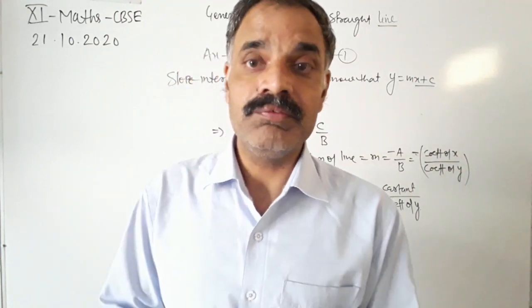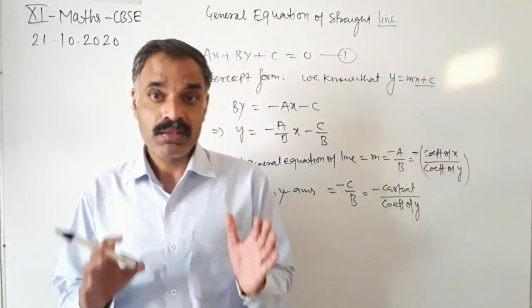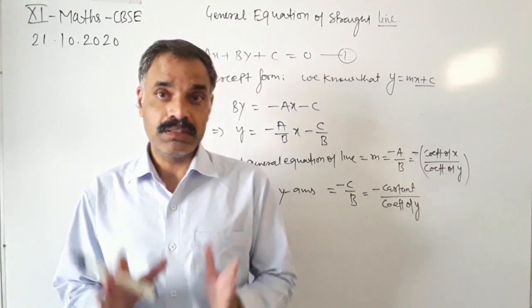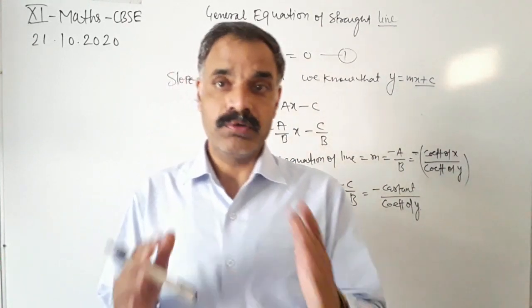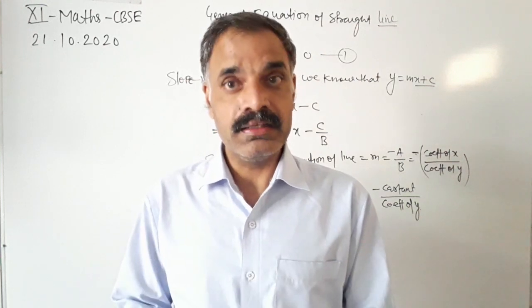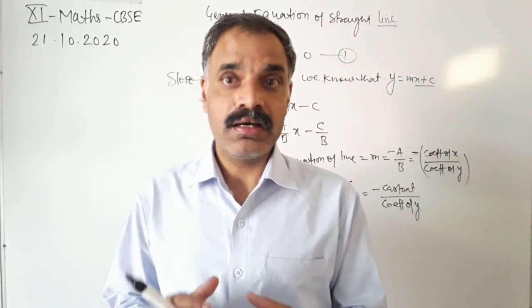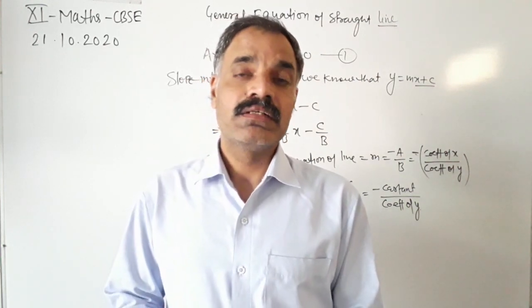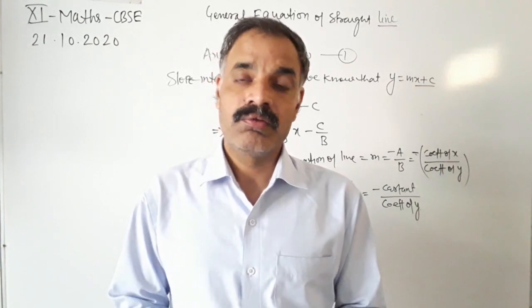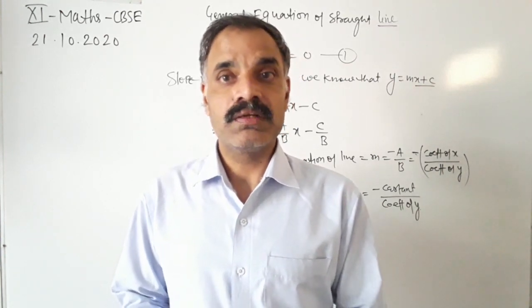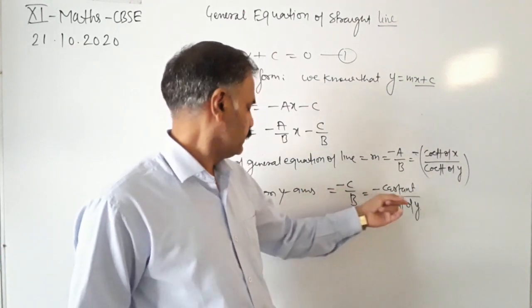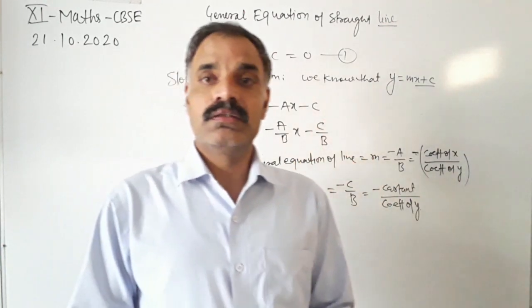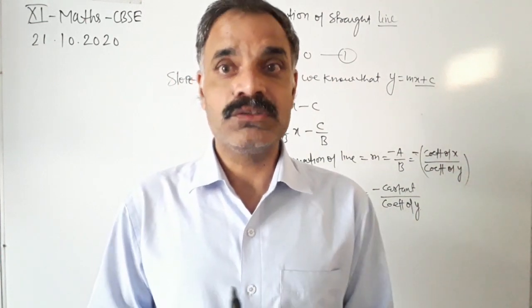In this way we can convert the given general equation of the line into slope intercept form, or find the slope and the intercept on the y-axis whenever the general equation of the line is given. This was the first topic.